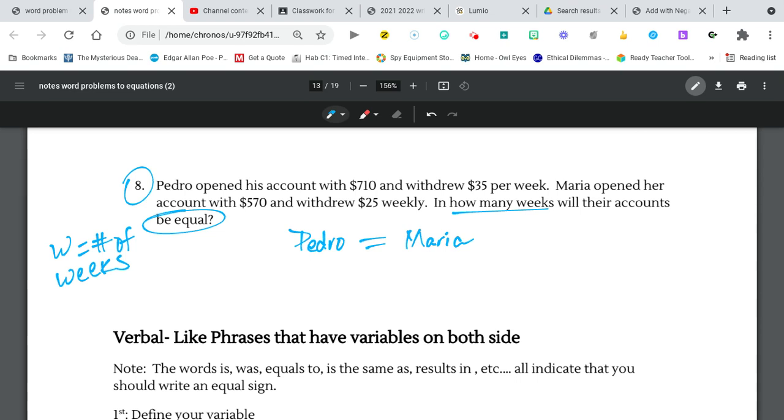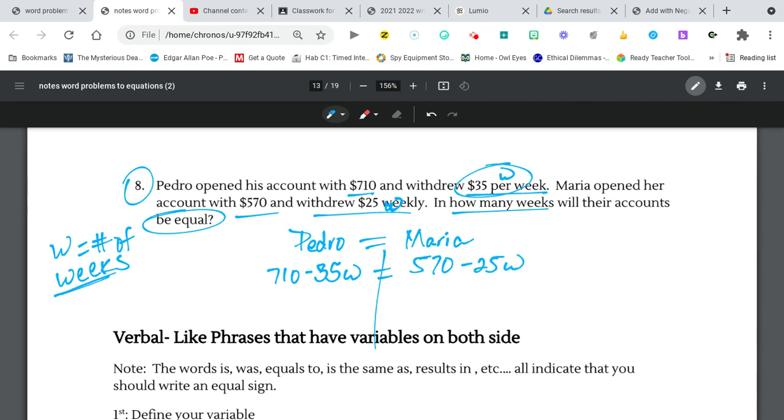Pedro starts off with $710, but he takes out $35 per week. Well, there's my W, 35 and W go together. So $710 withdrawing means you're taking away $35 per week. Maria has $570 to start off with, but she's withdrawing, there's my W, $25 per week.